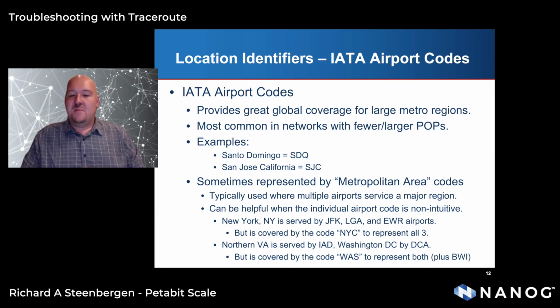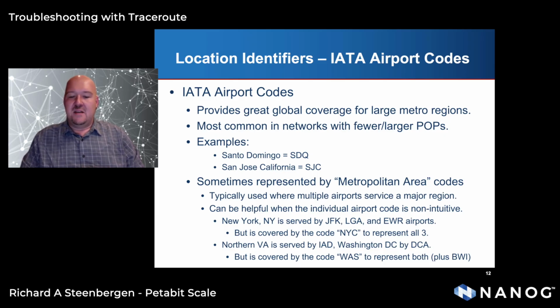Sometimes you'll see this represented by the metropolitan area codes. This happens when you've got multiple airports that service the same region. Sometimes this can be helpful and more intuitive, and sometimes a little less intuitive. For example, New York City is serviced by 3 major airports. You've got JFK out on Long Island, you've got LaGuardia, LGA, and you've got Newark over the border in New Jersey, EWR.